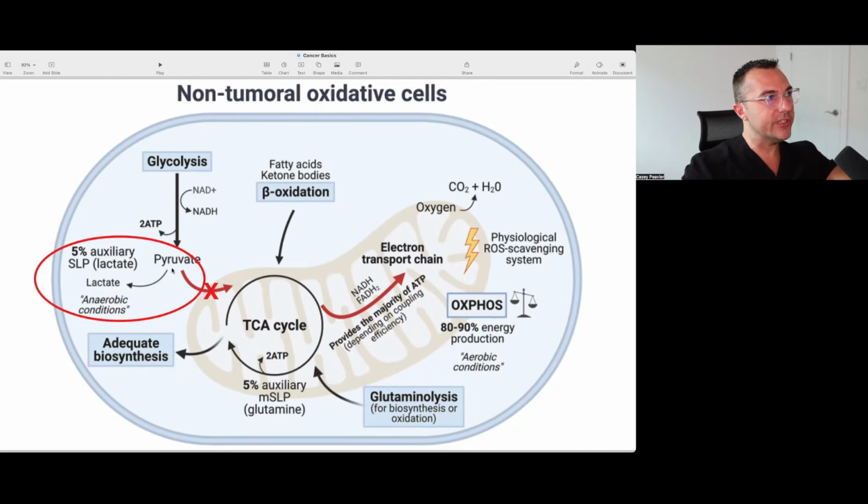Pyruvate is going to be shunted away towards lactic acid, or lactate, under conditions where there's a lack of or a decreased amount of oxygen, so oxphos cannot happen. This is called anaerobic conditions. Same process, it's just diverting from aerobic metabolism to anaerobic, or without oxygen, metabolism.